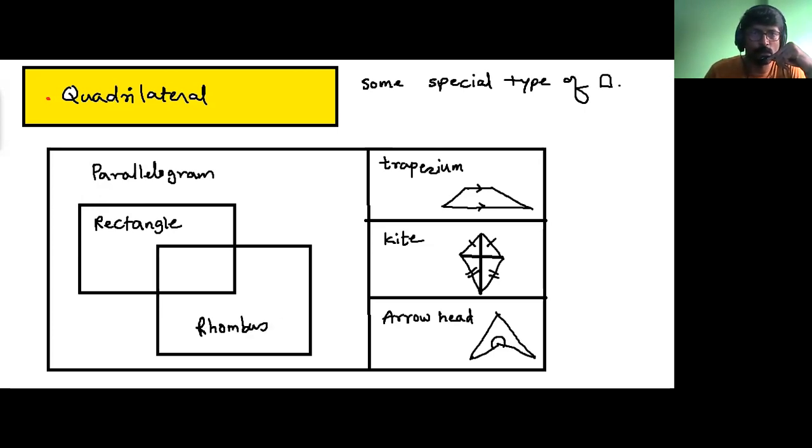The common section between the rectangle and rhombus is called a square.